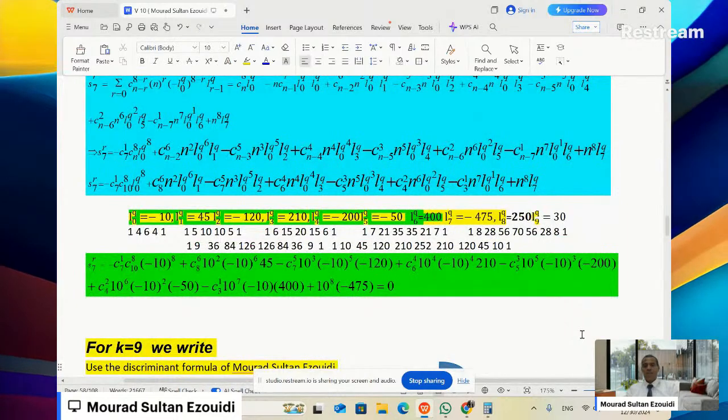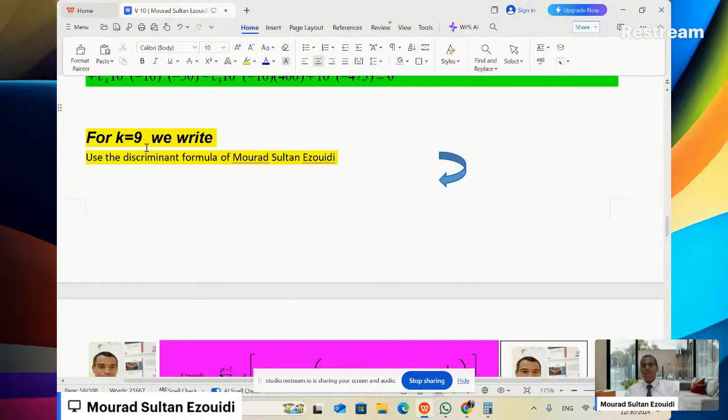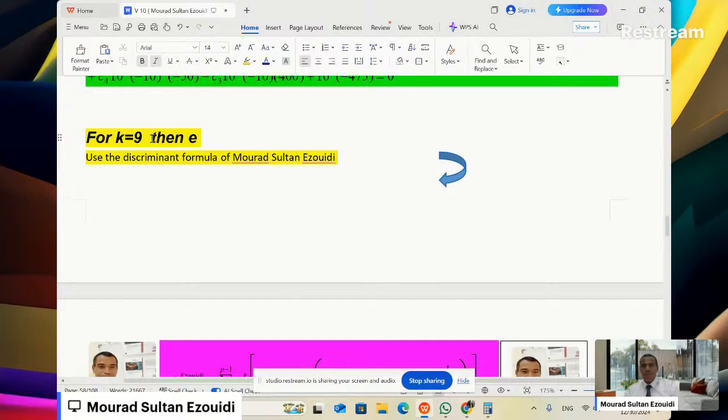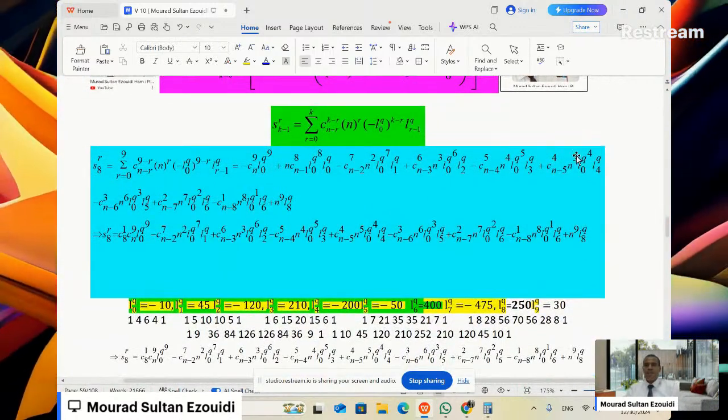Now let's put k equal to 9 in the general formula we need. Then we will obtain S8.